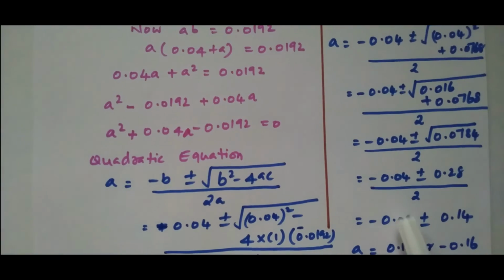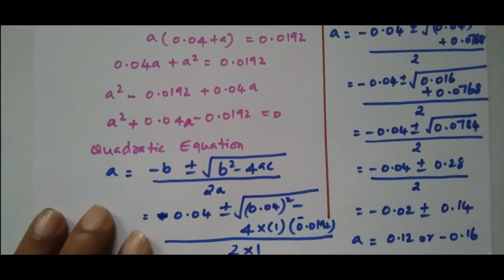Now we can divide by these two, so that it can be written as minus 0.02 plus or minus 0.14. So two values are available: minus 0.02 plus 0.14 and minus 0.02 minus 0.14. So we got 0.12 and minus 0.16. These two values are possible, either 0.12 or minus 0.16.